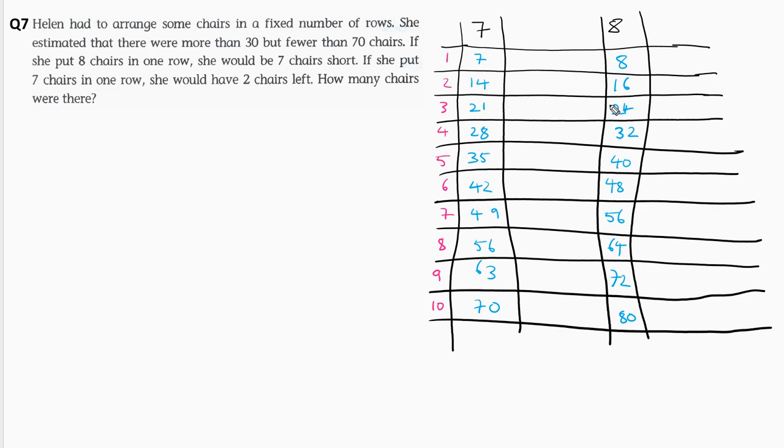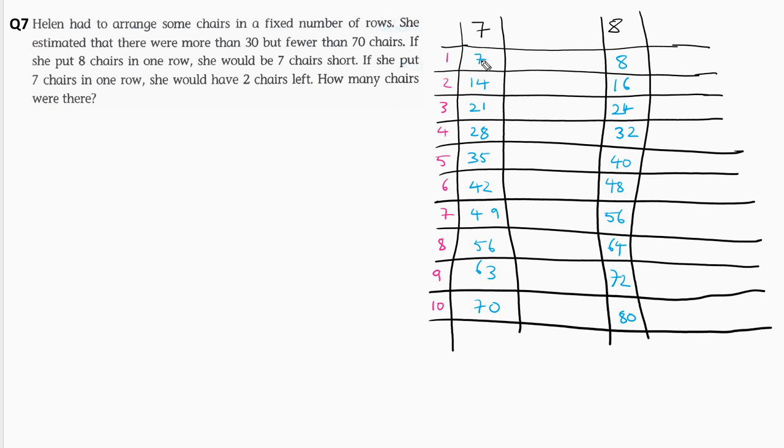Well, what happens? So this is if I put the chairs in rows of 7, and this is what I have if I put the chairs in rows of 8. Now, if I put them in rows of 7, I'm going to have 2 chairs left.